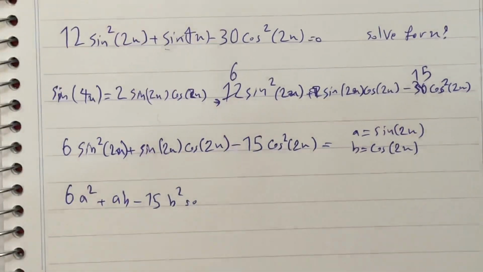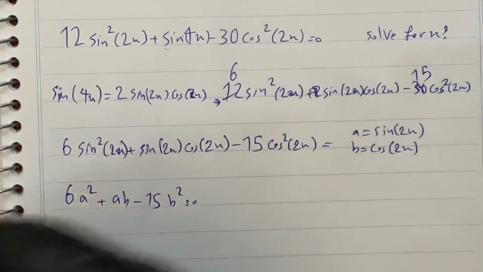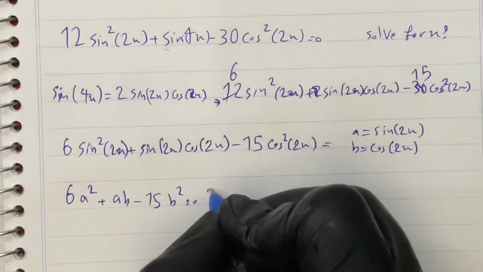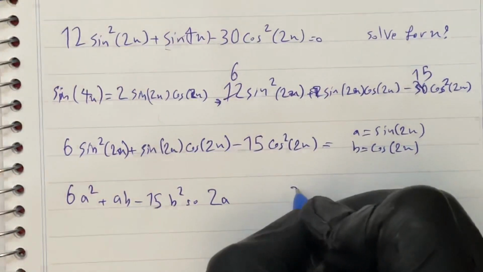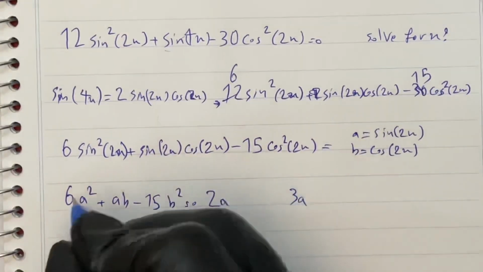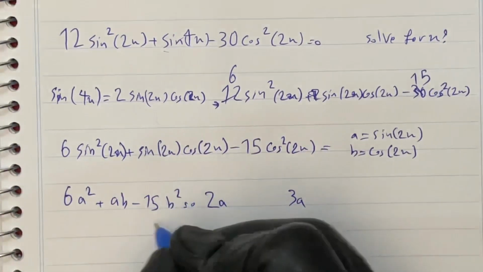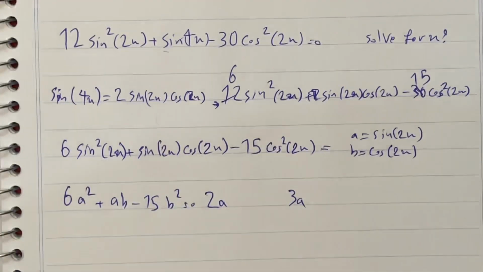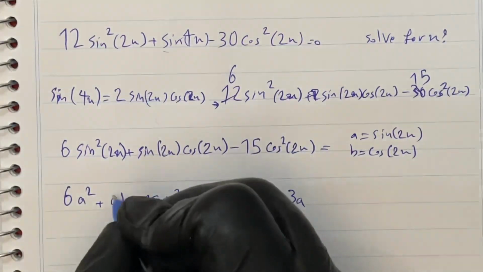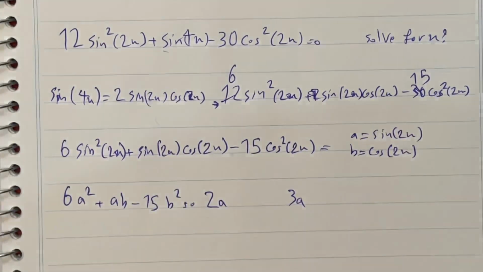So 2 and 3, 3 and 5. If we write 2a here and 3a here, because we have a 6a², then for the b part, we know that the sum of the numbers has to be plus 1ab.